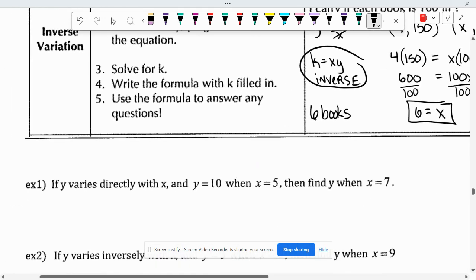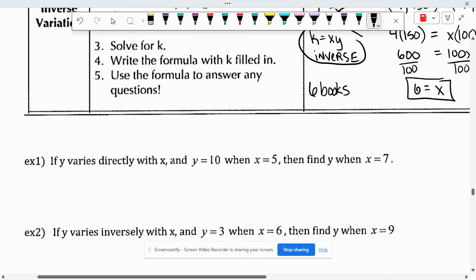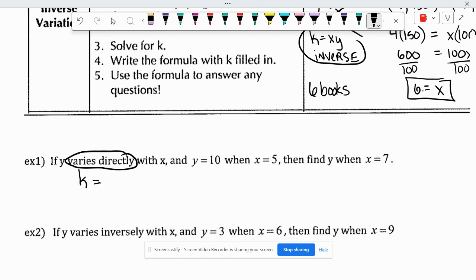So let's look at our first example. Example number 1 says y varies directly with x. So the first thing I'm going to do is write down what my proportion looks like. k is y over x. So now I have 2 sets of ordered pairs.